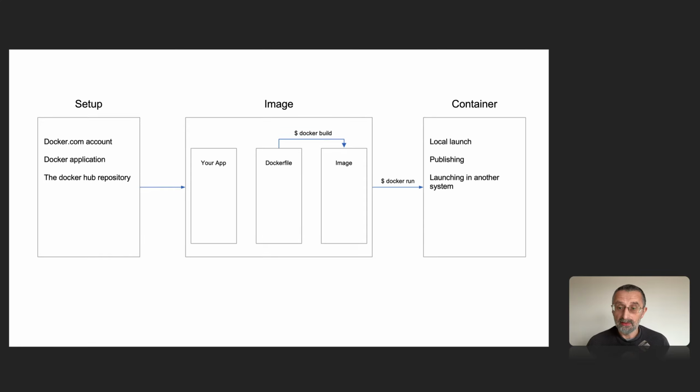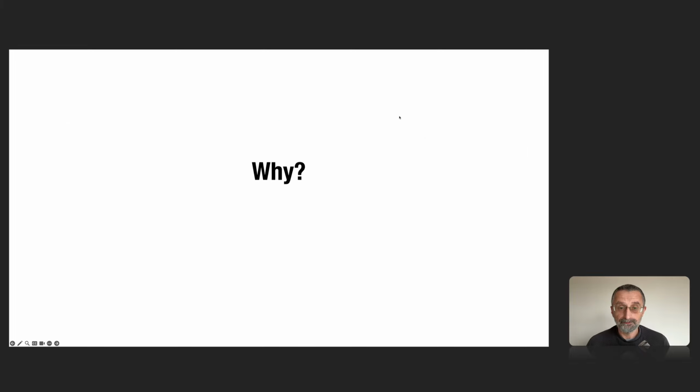And finally, we will take this image and, using Docker run, run it as a container, and we'll run it locally or publish it and launch it in another system. So this is the most typical step. Obviously, setup is just a one-shot thing, but later we are going to work with the images and containers.